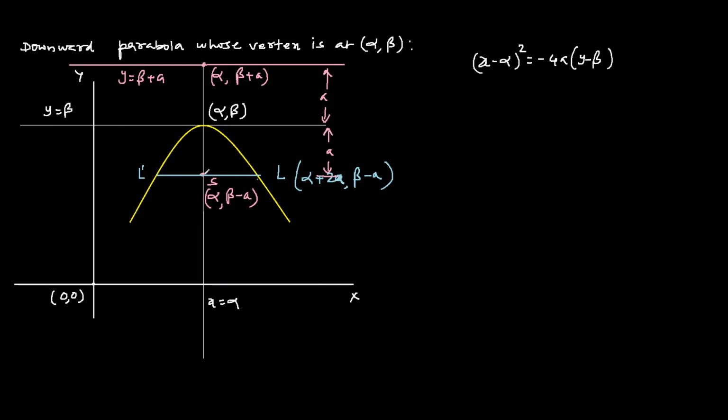And this distance SL dash is also 2a, so the coordinate of L dash is alpha minus 2a comma beta minus a. The length of the latus rectum is 4a, the distance between these 2 points is 4a, and the equation of the latus rectum is y equal to beta minus a.